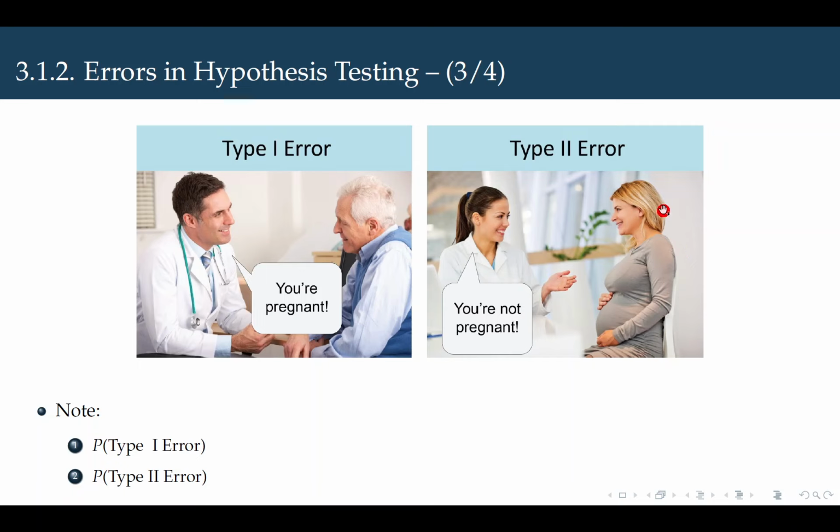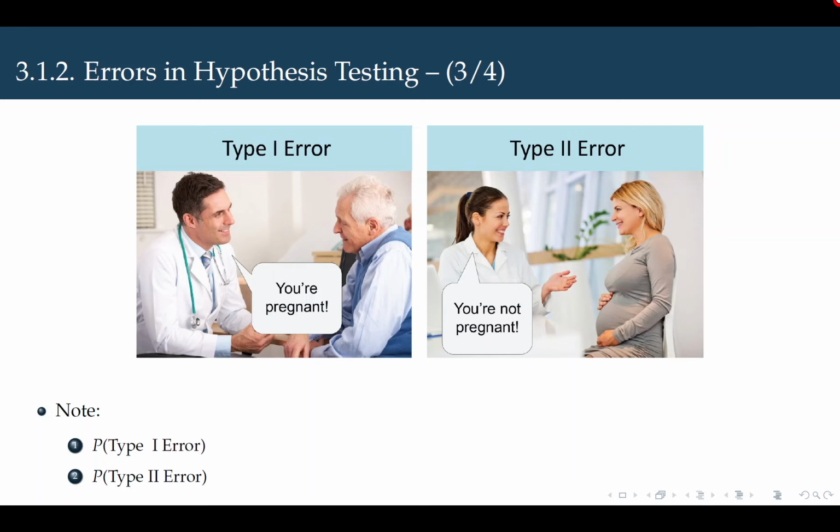So this error is called type 2 error. So the null hypothesis of no pregnancy is rejected here, which is actually true. Type 1 error. No pregnancy is false for this woman. This false null hypothesis is not rejected. Therefore, it is type 2 error.